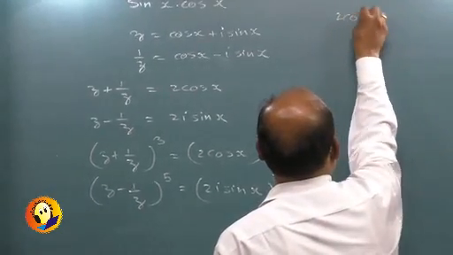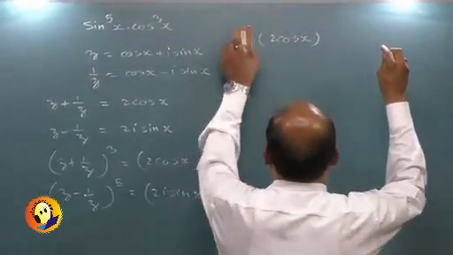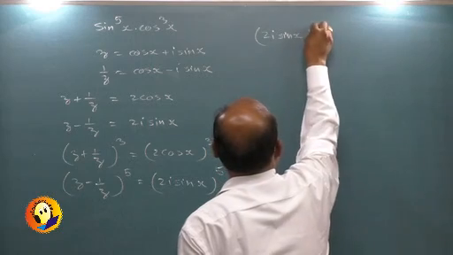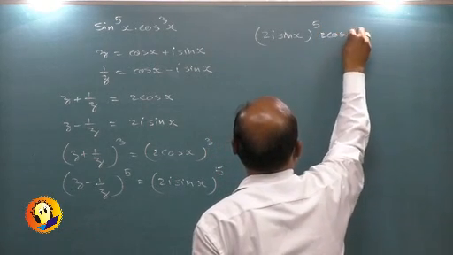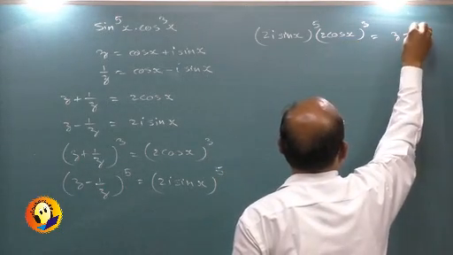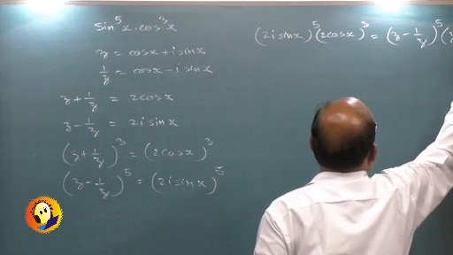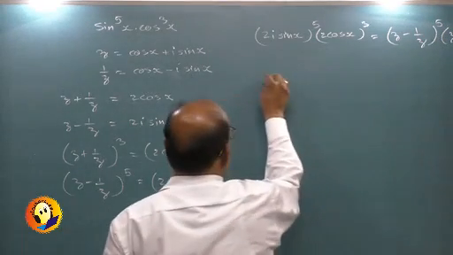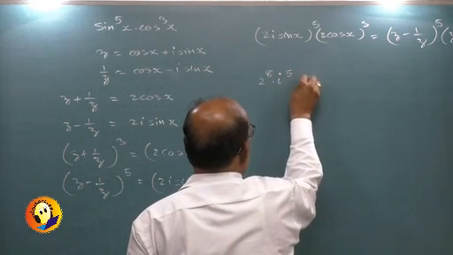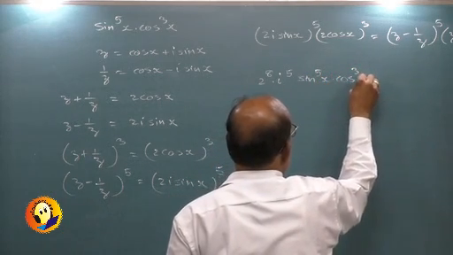So it will be 2i sin x bracket raised to 5 into 2 cos x bracket cube, which will be z minus 1 upon z bracket raised to 5 into z plus 1 upon z bracket cube. So this becomes 2 raised to 8 i raised to 5 sin raised to 5x cos cube x.